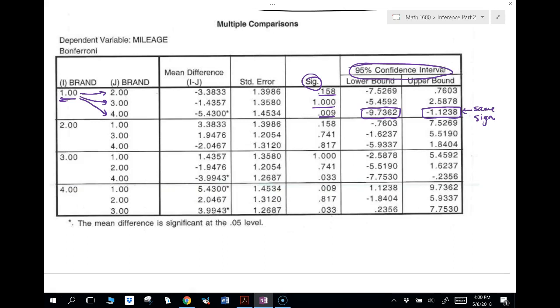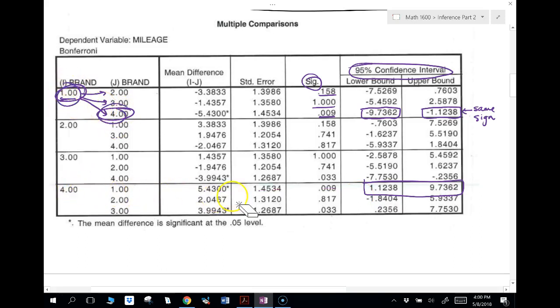They're going to repeat too. If we compare 1 and 4, go down to 4 and compare to 1, what do we see here? They're both positive, right? And they're the same numbers. I don't need to do this twice. If I've already compared 1 and 4, I don't need to do it again.